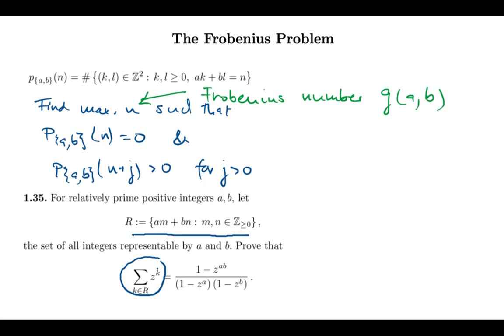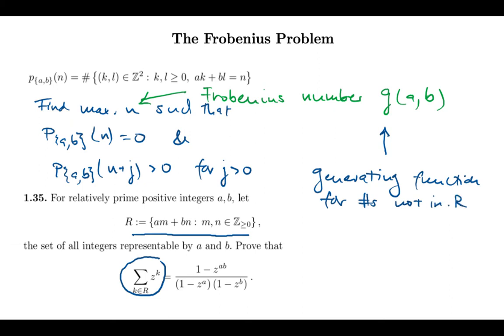So for example, I claim we can see where this Frobenius number pops out in this generating function by saying, okay, what's the generating function for the integers that are not in R? I'm assuming now that you've done this exercise. So what should I do here?